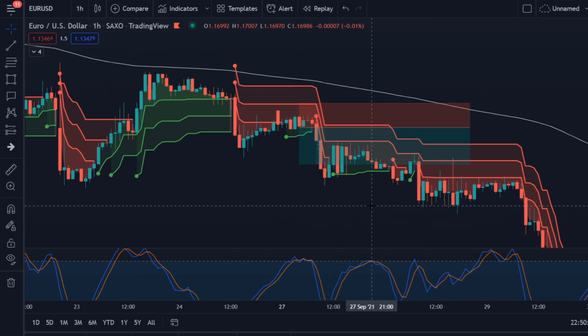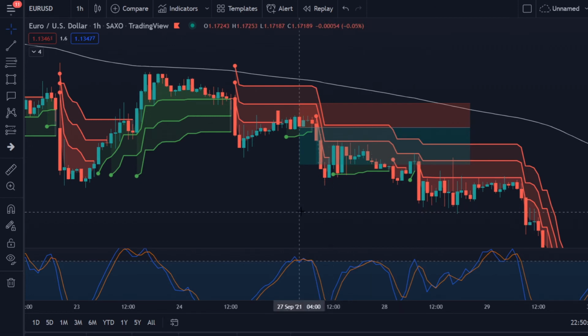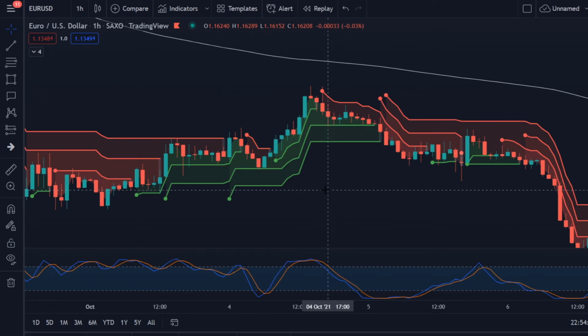And of course, I'm just cherry picking these trades to show you when to enter and when you should not enter the trade, but not every trade is a winner. Alright, it is possible that you won't receive a lot of trading signals, especially if you're only trading one pair.